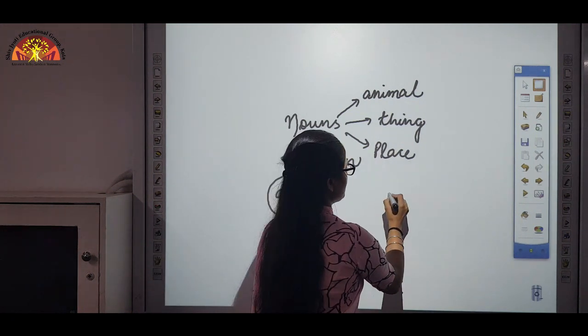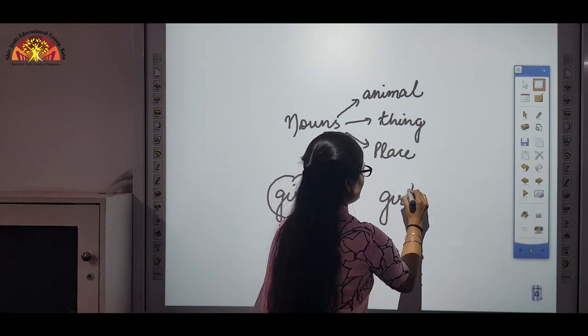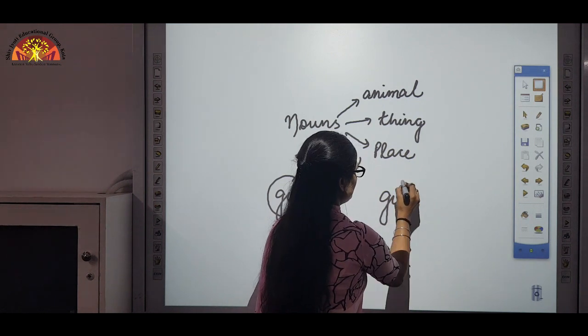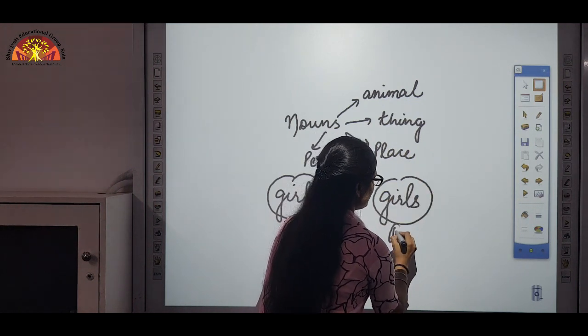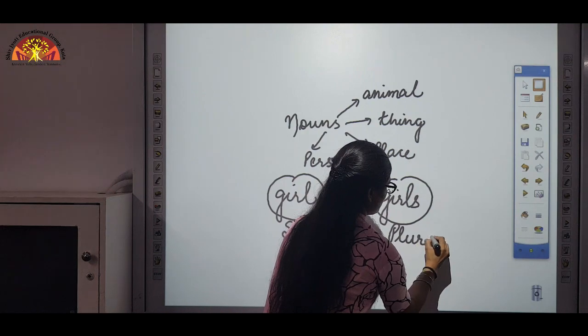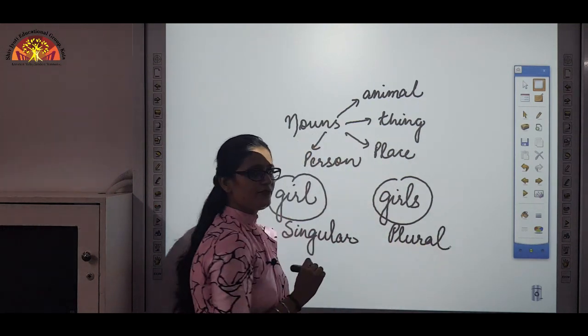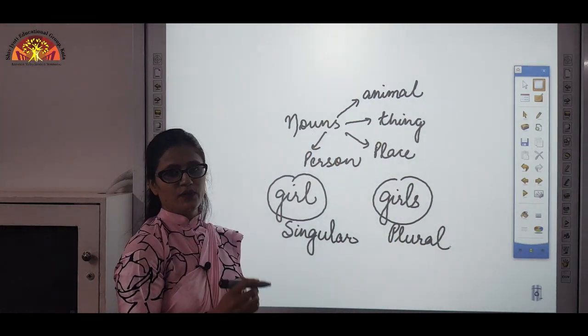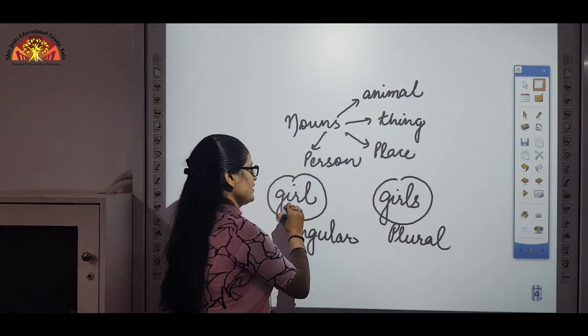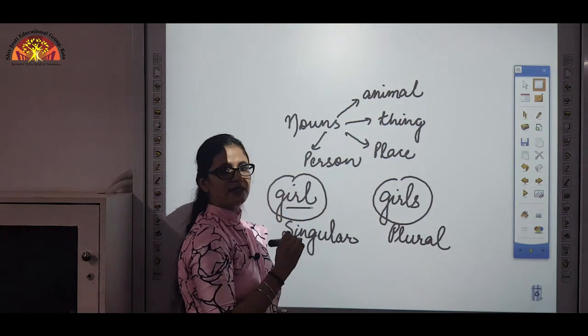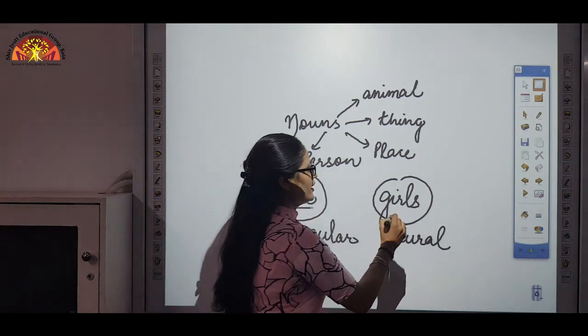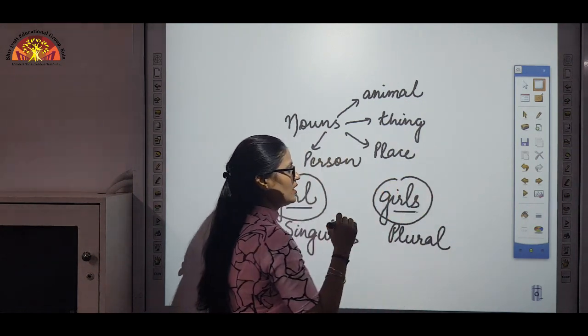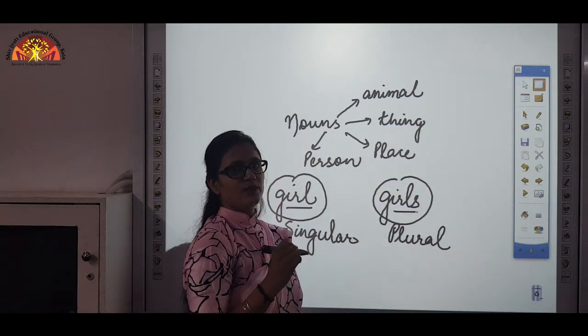If I am writing girls, I have added s to it and it will become, what it will become? It will become plural noun, right? So, there is a difference between singular and plural noun. This is the difference. Whenever we are talking about a single thing, this is singular noun. Whenever we are talking about more than one thing or more than one person, that is plural noun.